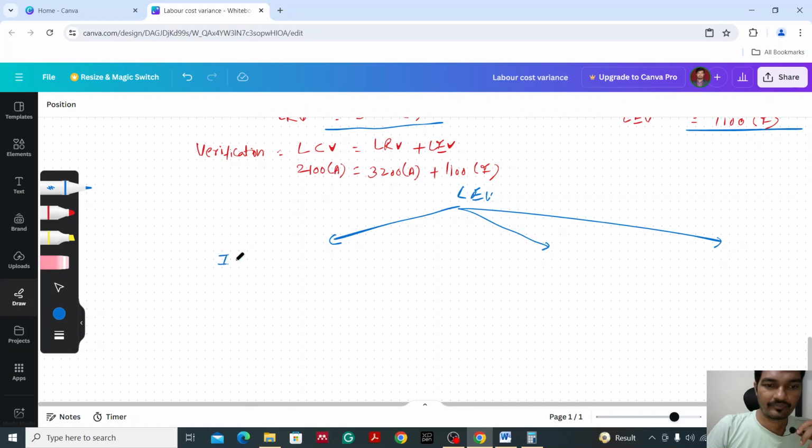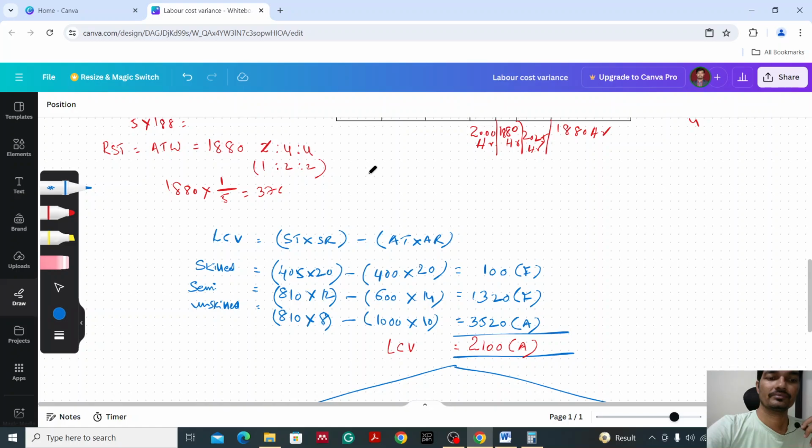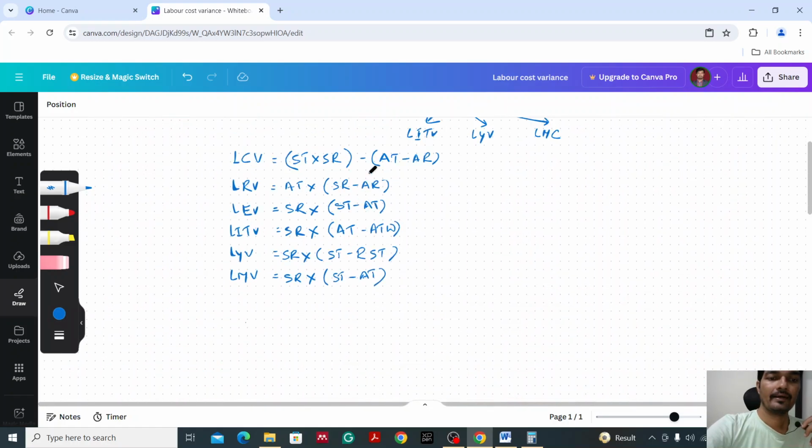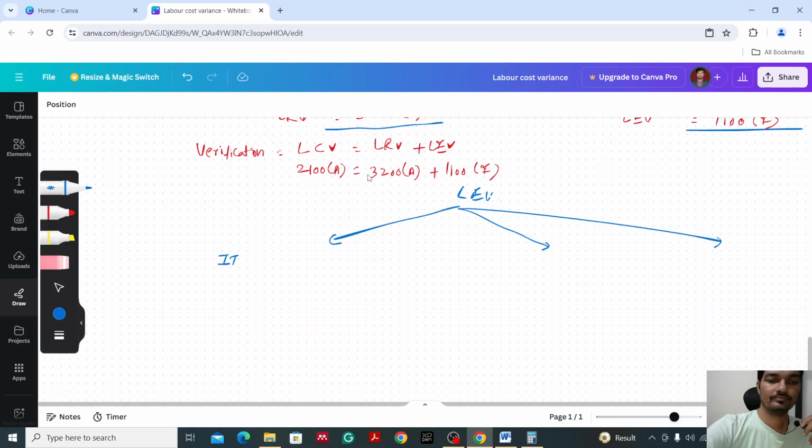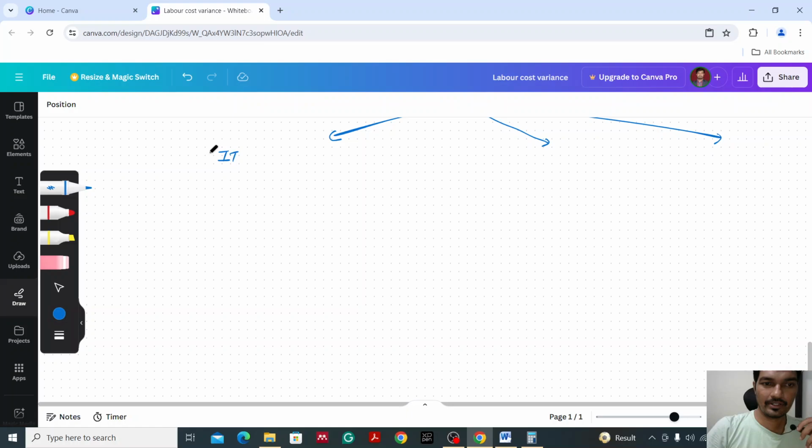Ideal time variance. So the formula we use to calculate the labor idle time variance, the shortcut is here, along with the labor yield variance and the labor mix variance.